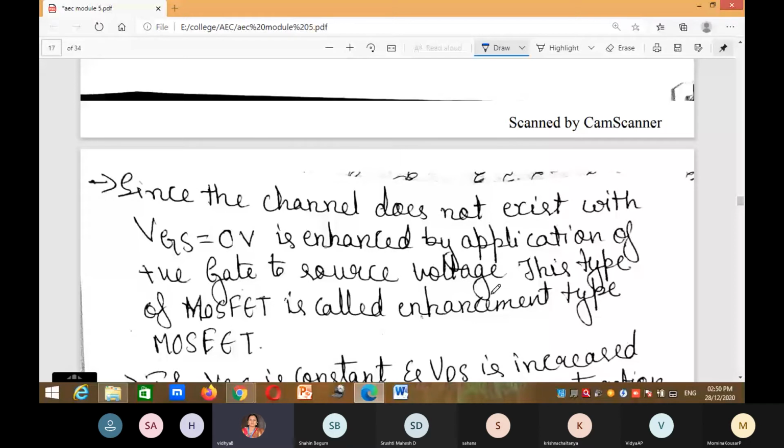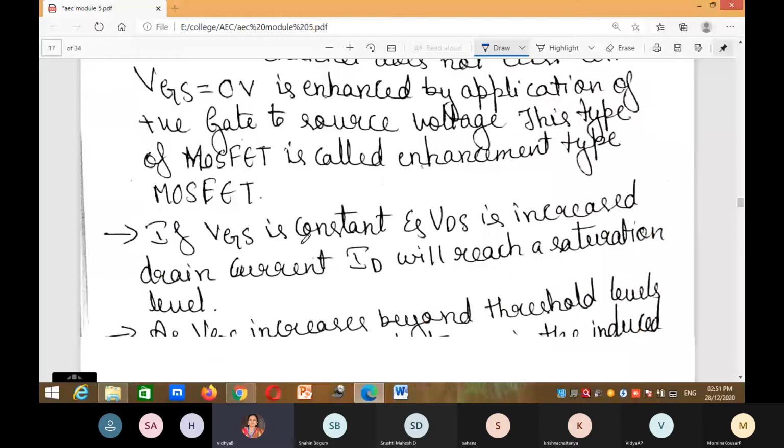The channel does not exist with VGS equal to 0. That's why it is enhanced by application of gate to source voltage. This type is called the enhancement type MOSFET.